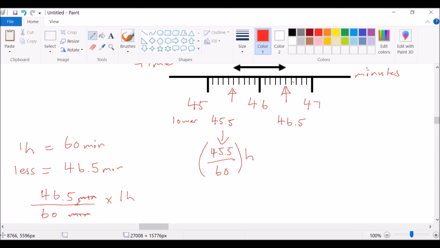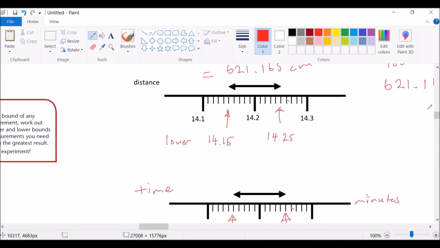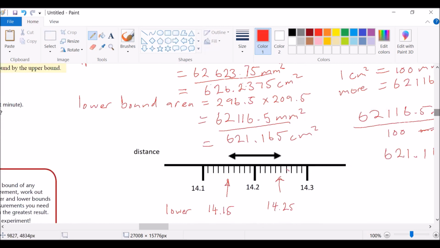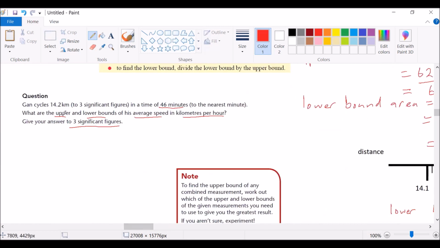So we are left with 46.5 over 60 hours. So we have our time in hours and we have our distance in kilometers. So the next thing is to decide which one is the upper and which one is the lower.